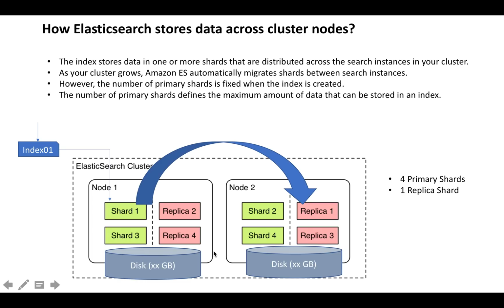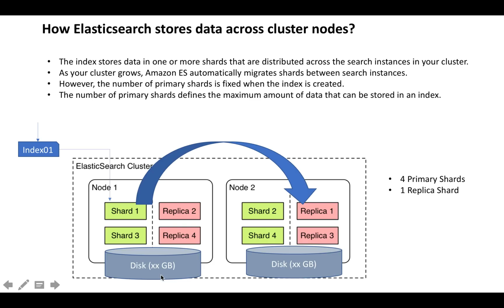One important thing to remember: how big the shard can go depends on the actual underlying disk size. If you have a 50 GB disk, you can create 1000 shards, but you cannot store more than 50 GB of data. That's the limitation. So you can create as many shards and as many replicas as you want, but once again it all comes under the actual disk size.